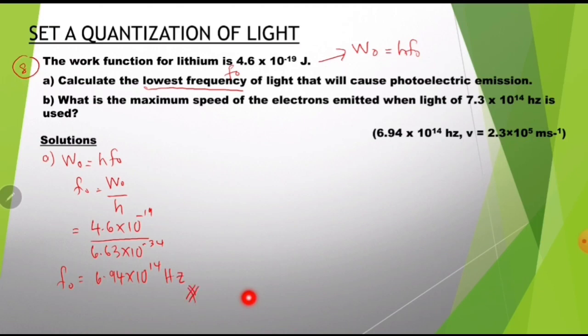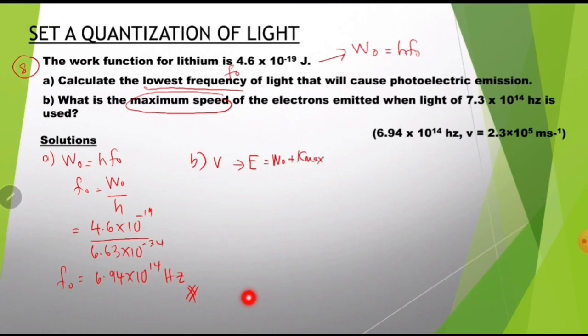Okay, settled for A. Then we go to question B. Question B, what is the maximum speed? Maximum speed means we refer to v of the electron emitted when light of 7.3 exponent 14 Hz is used. This is a photoelectric effect question, and the equation for the photoelectric effect is E equals W naught plus K max.